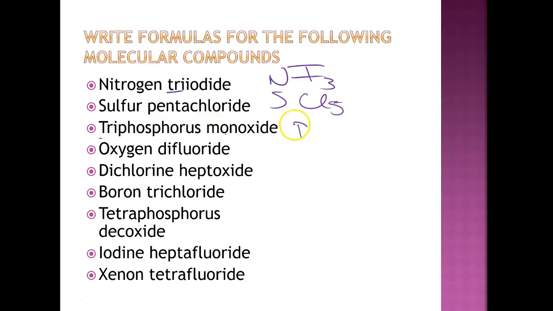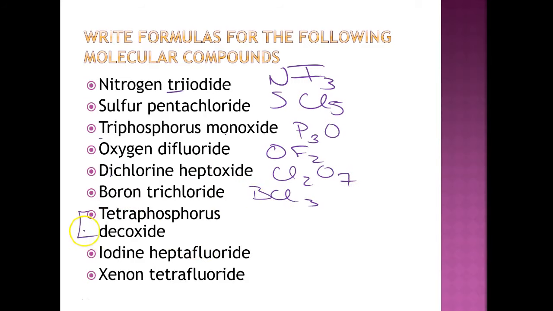Triphosphorus monoxide, P3O, and if you wanted to write a 1, you could. Oxygen difluoride, OF2. Dichlorine heptoxide, Cl2O7. BCl3. Now this one in particular, go ahead and see if you can do that one. Remember what tetra is. It's kind of tricky.